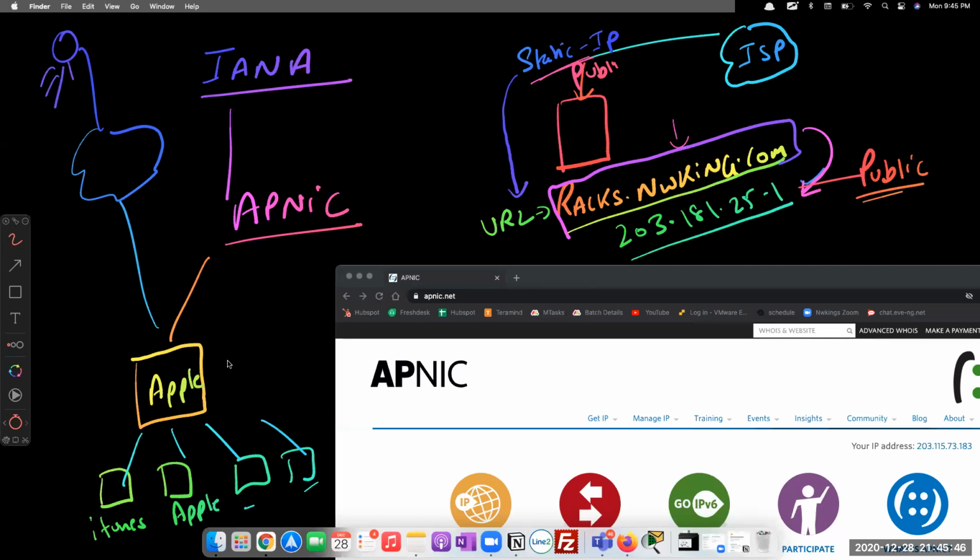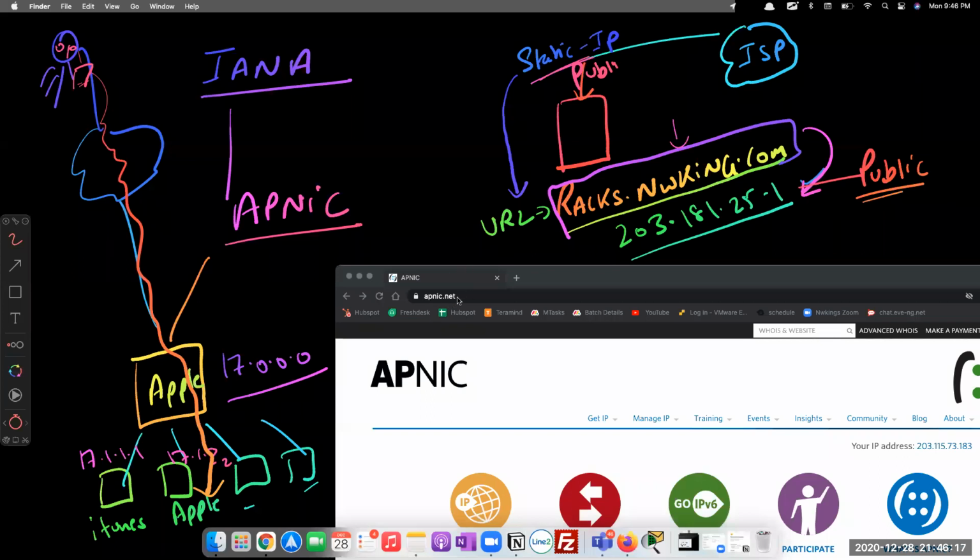So Apple has public IPs, a public pool, the 17 network. They assign these IPs to the servers so that users can take their selfies and upload them to the Apple Cloud. Or you can take the example of Facebook. Everyone needs a public IP to access something.